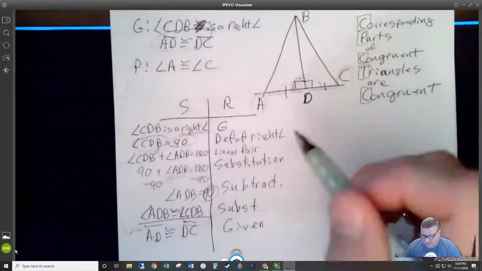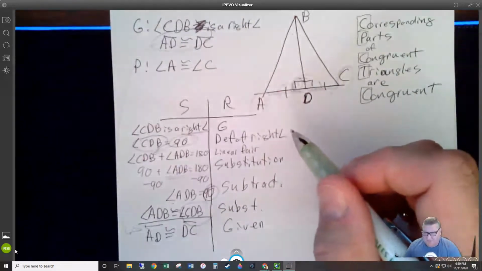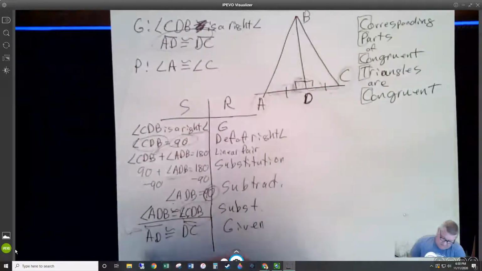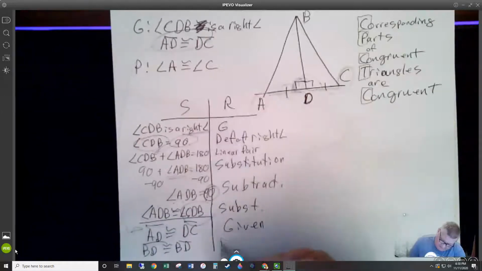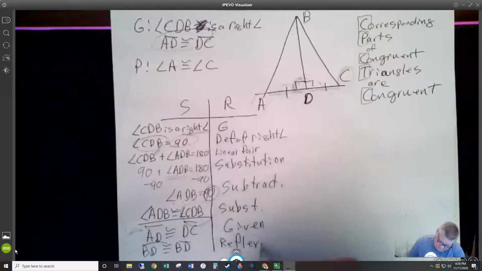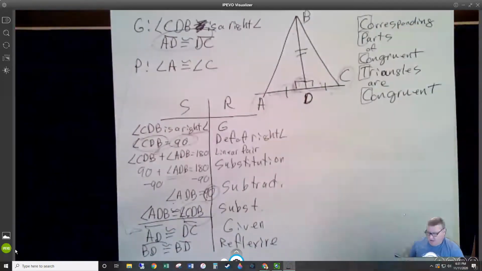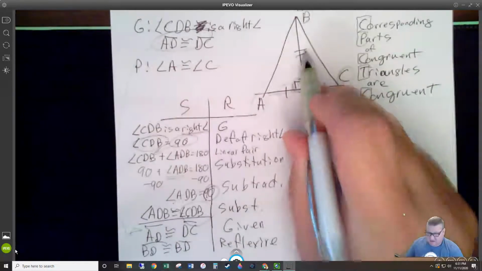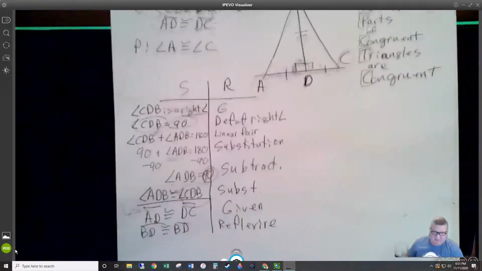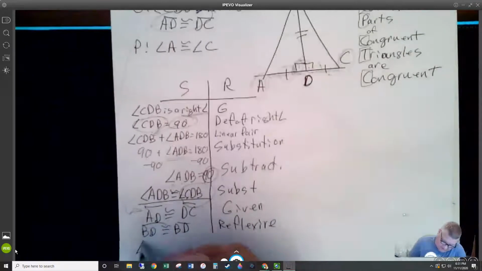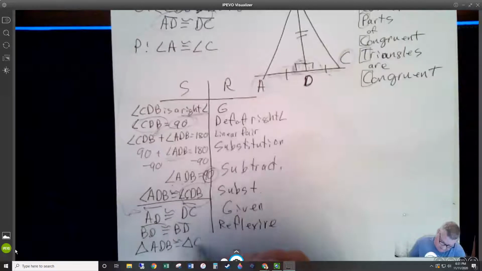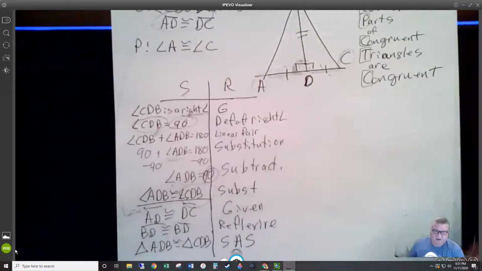Well, what's the other side that's available using reflexive property? Well, BD is congruent to BD by reflexive. And with that in mind, we now have a side, an angle, and a side. So that allows us to say triangle ADB is congruent to triangle CDB by side, angle, side.